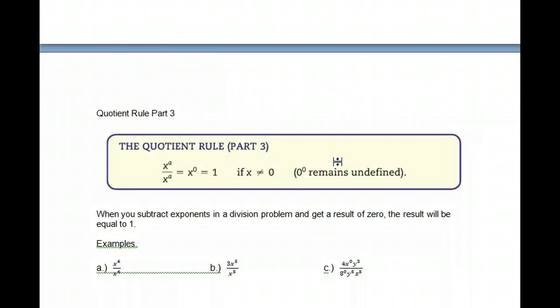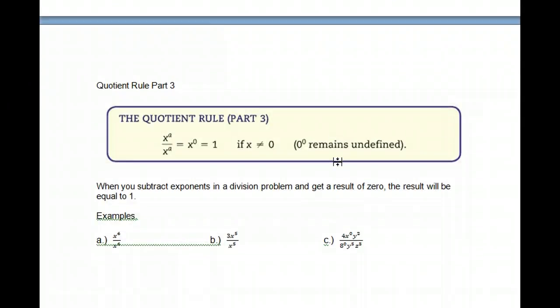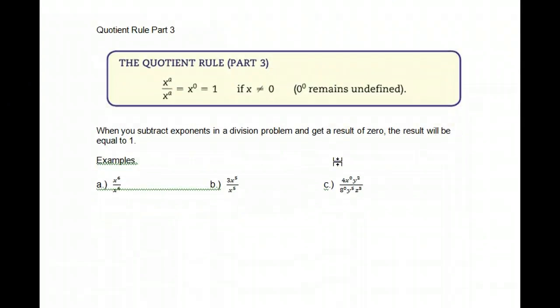Now we have one more part of this quotient rule. And that quotient rule says that if we subtract and get a 0, that is equal to 1. And the reason for that, let's look at the example of 2 over 2.